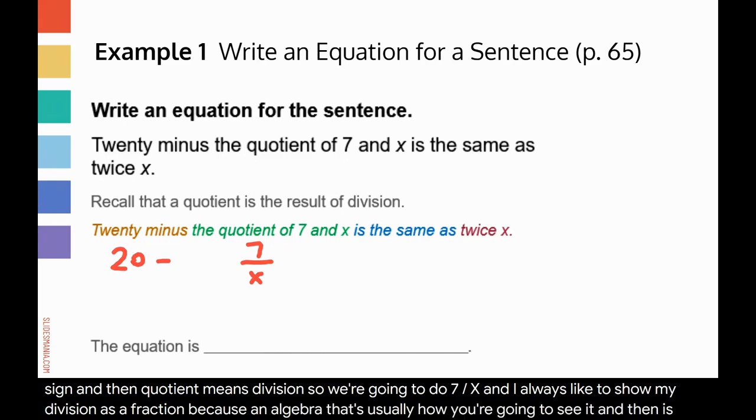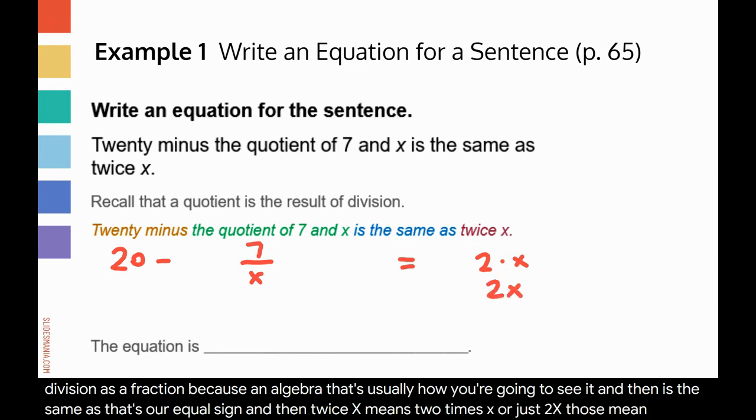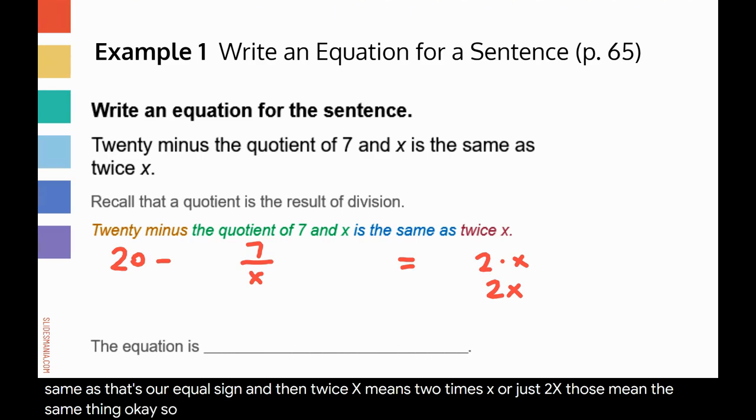And then is the same as, that's our equal sign. And then twice x means 2 times x, or just 2x. Those mean the same thing. Okay, so then the equation is 20 minus 7 over x equals 2x.